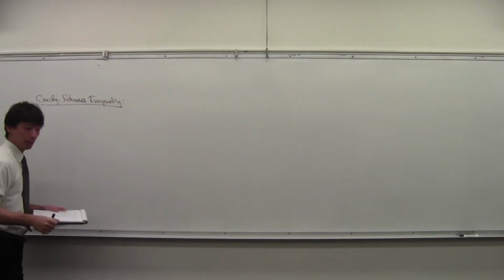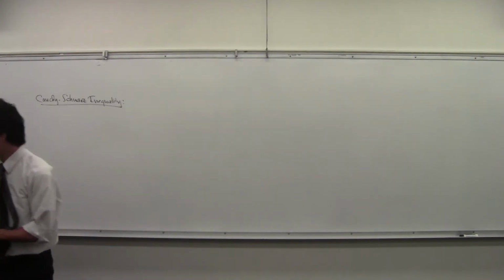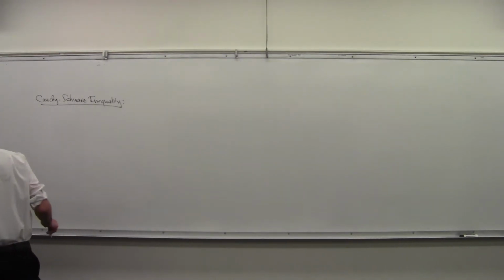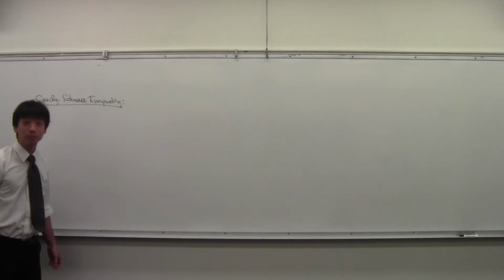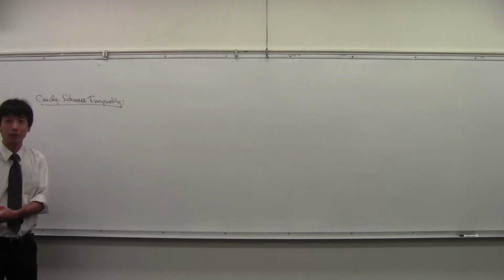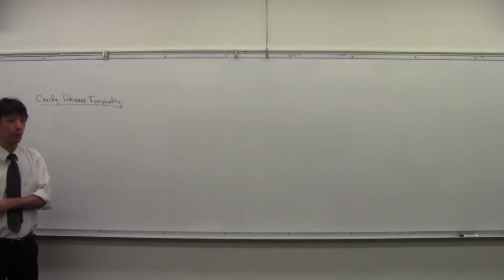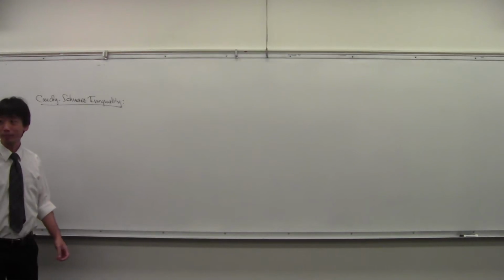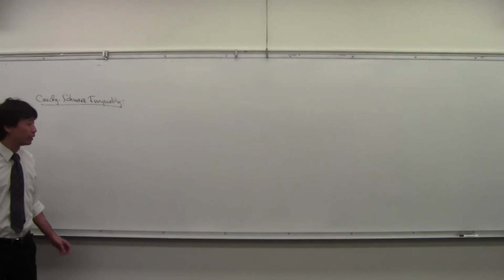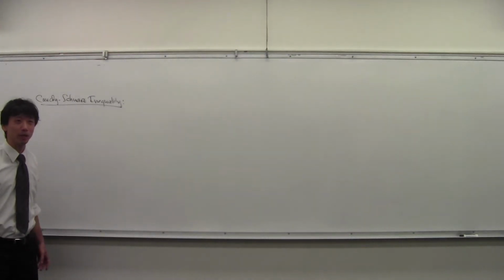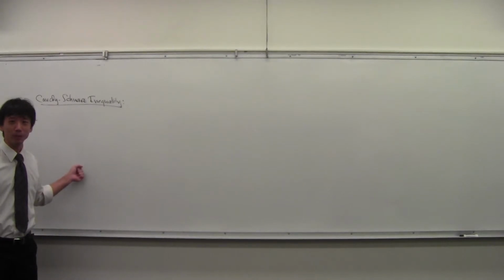Cauchy-Schwarz inequality, right? And I don't know if you remember the Cauchy-Schwarz inequality, but you should. Can somebody tell me the Cauchy-Schwarz inequality? I have an entire book in my office called the Cauchy-Schwarz Inequality Masterclass.